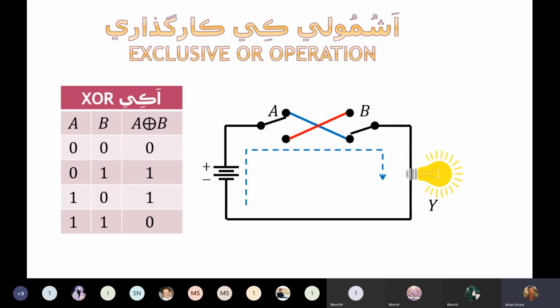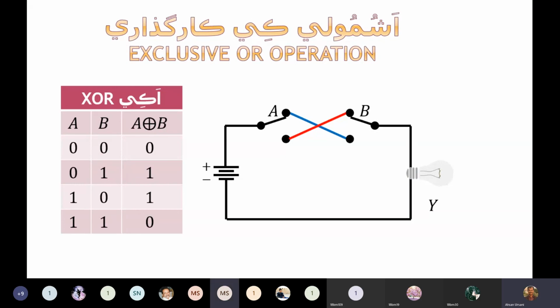When A is up and B is down, current will flow because there is a path for the current. If A is down and B is up, even then current will flow. If both are down, current will not flow.